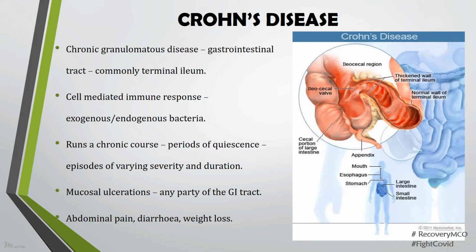Mucosal ulcerations can occur in any part of the GI tract. Lesions in the oral cavity are also seen. Other general features associated with Crohn's disease include abdominal pain, diarrhea, and weight loss.